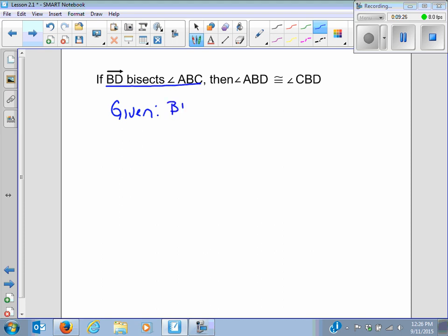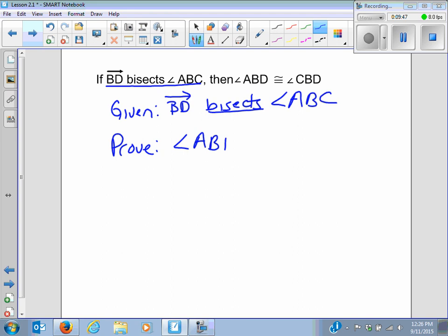So given BD bisects angle ABC. And now we know that for it to be bisects, it means that it's going to cut it into two equal parts. We have to prove angle ABD is congruent to angle CBD.